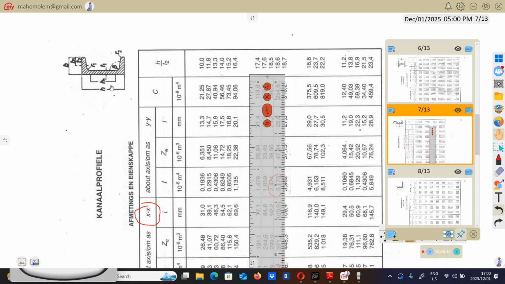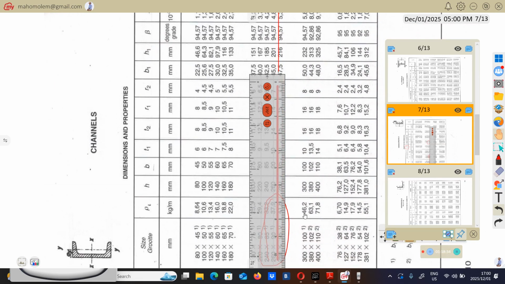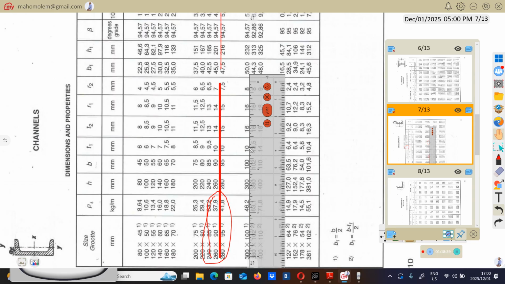So the height is this. To get this distance, which is labeled h, you come here and check h. So the h for our size is going to be 260.